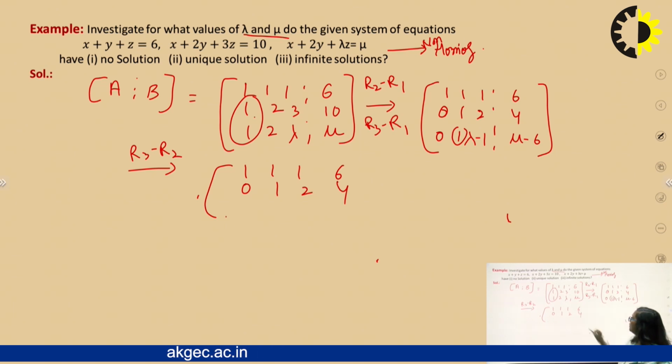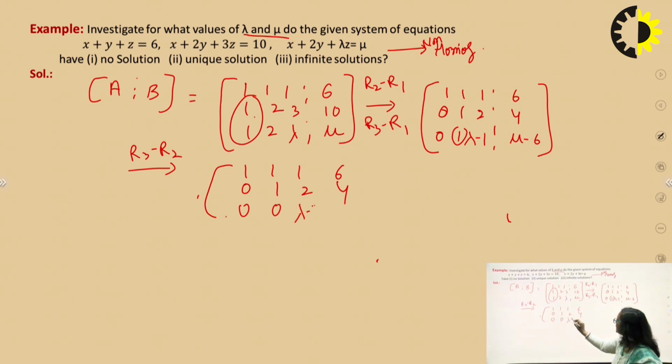And the third row, R3 minus R2, gives me 0, 1 minus 1 is 0, lambda minus 1 minus 2 is lambda minus 3, and mu minus 6 minus 4 is mu minus 10. After that, since the next values depend upon the unknowns lambda and mu, we are not able to solve it further, so we leave it here.